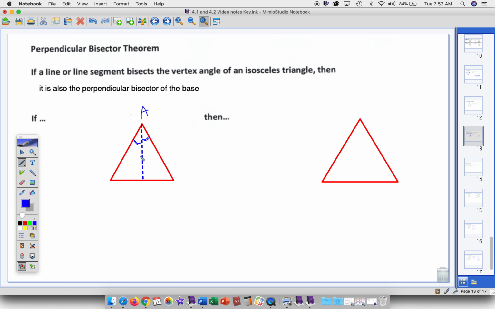If I'm given that, then I also know that this segment is perpendicular and it's also bisecting the base.